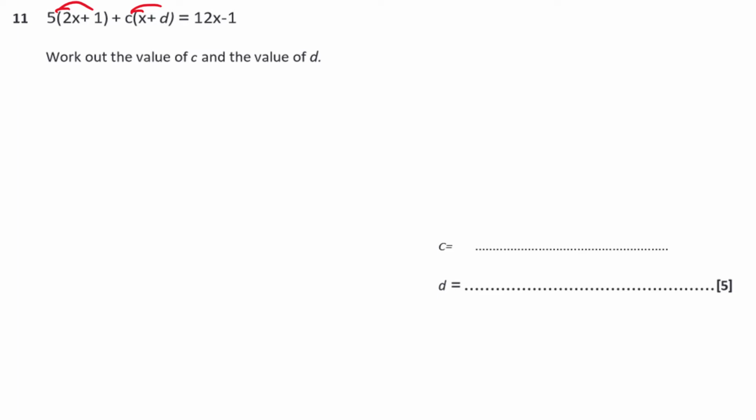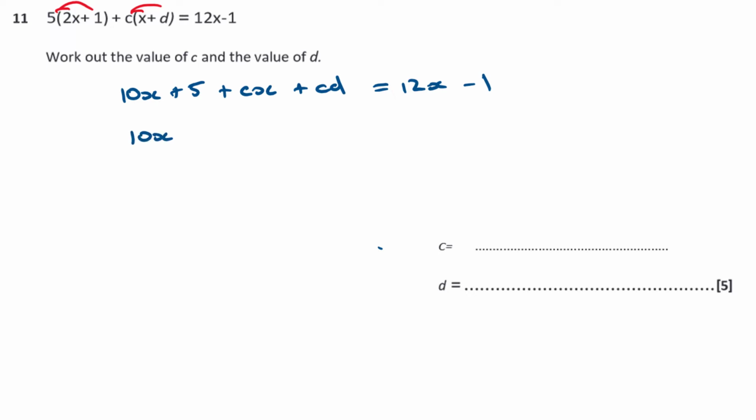Okay, so the left hand side then is going to be 5 lots of 2x, which is 10x, plus 5 lots of 1, which is 5, plus c lots of x, which is cx, plus c lots of d, which is cd. And we're told that's equal to 12x minus 1. Okay, so collecting the terms in x together, I'm just going to group them up first.